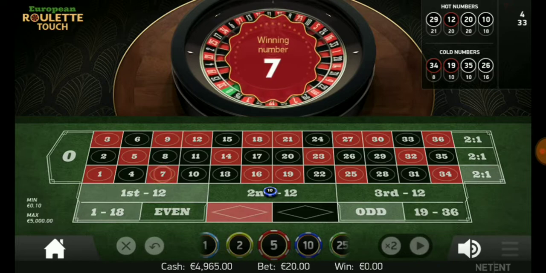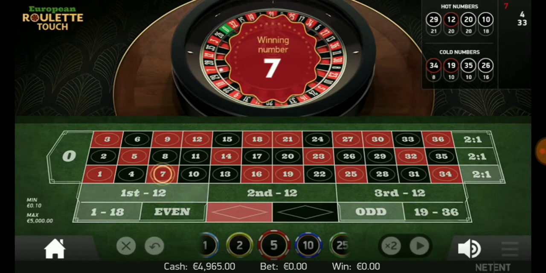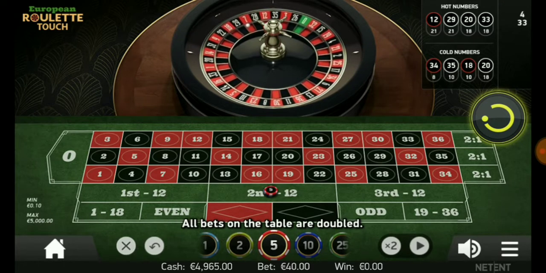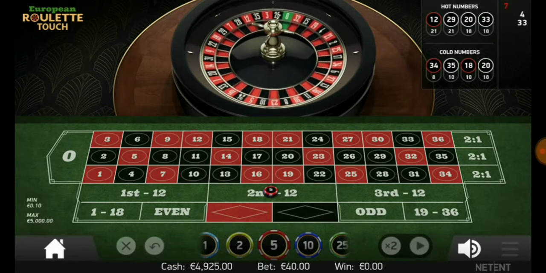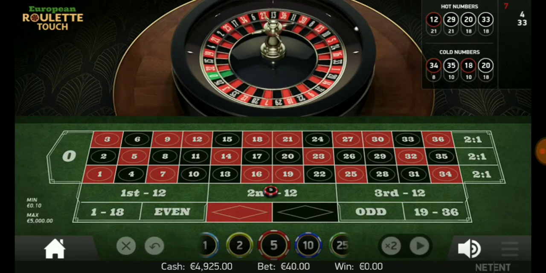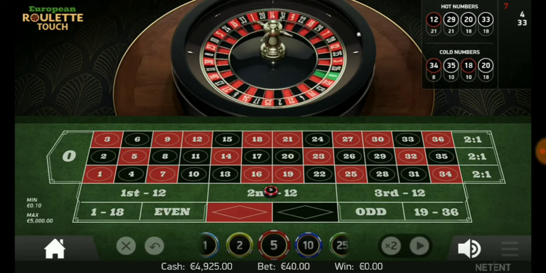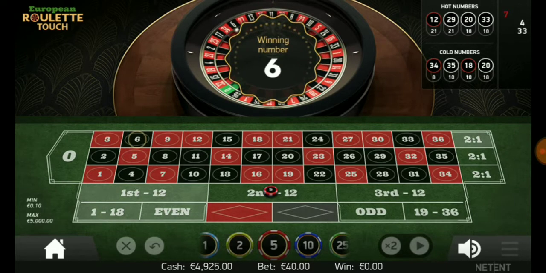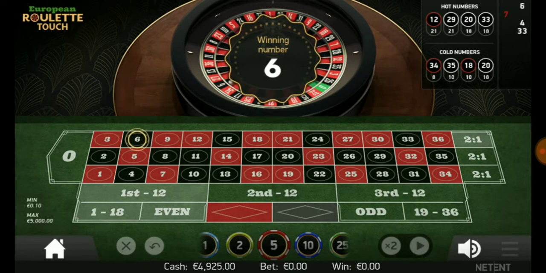The winning number is 7 red. Fantastic. So now my bet has gone to 40 euros. The winning number is 6 black. Amazing.